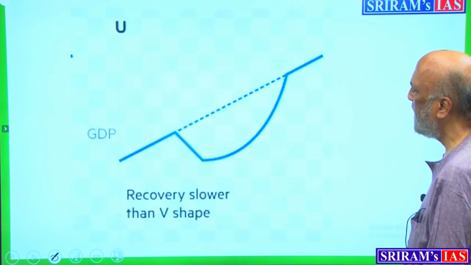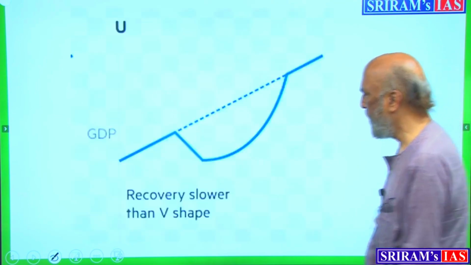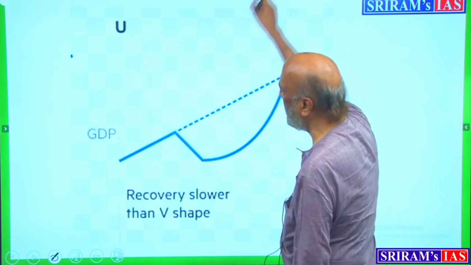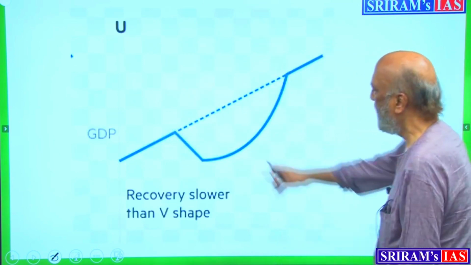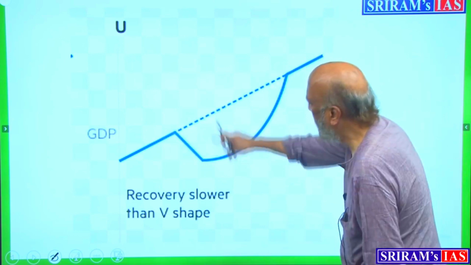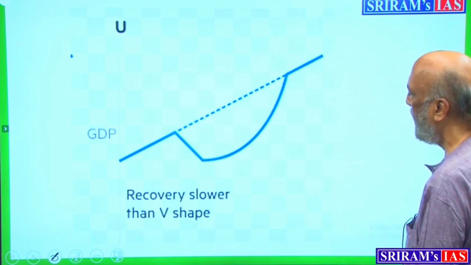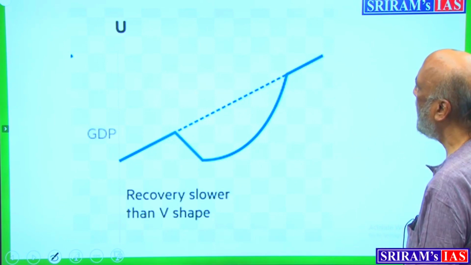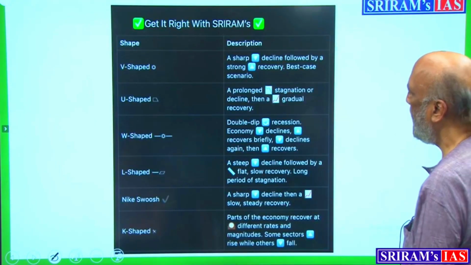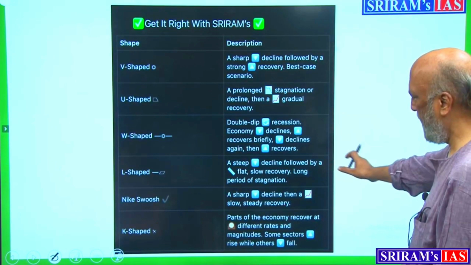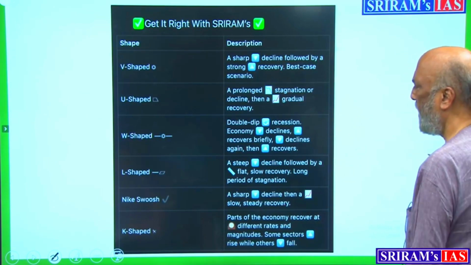Next, U, gradual. Slower than V. V will be like this. We will be like this. Next. Yeah, this is your notes again. The crux of it all.